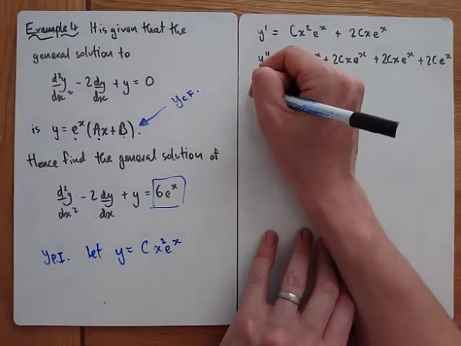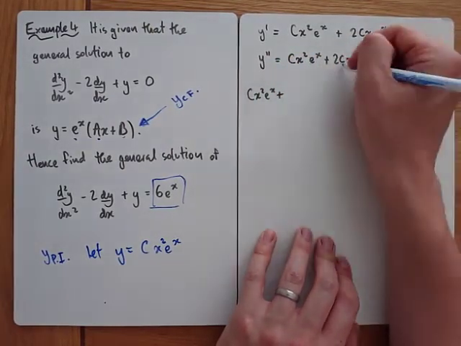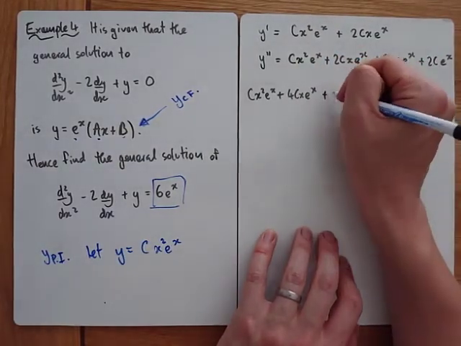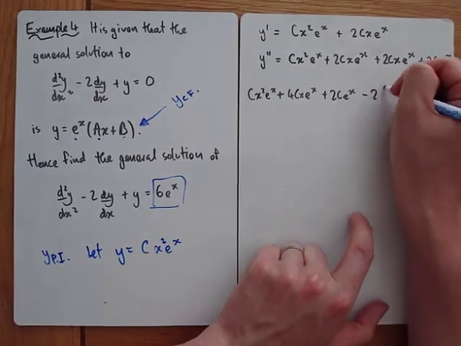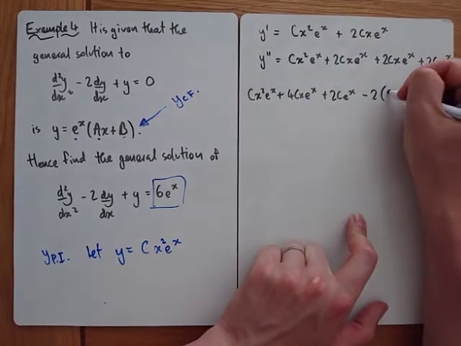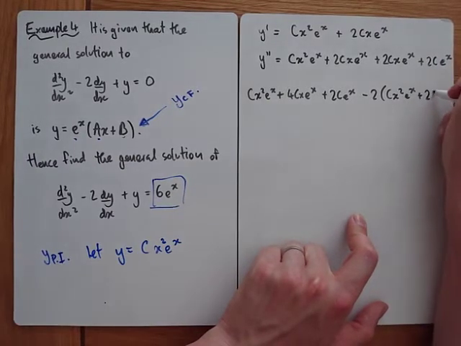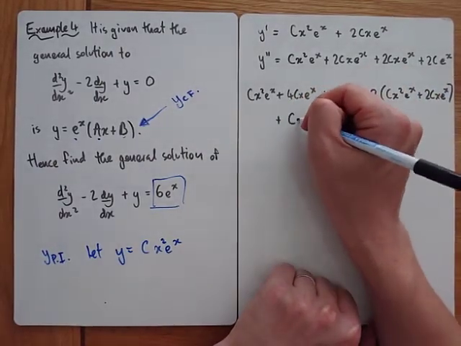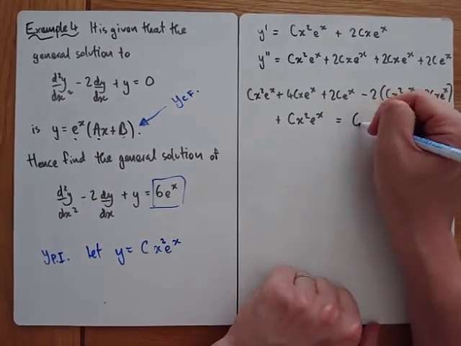So we've got c x squared e to the x plus 4 cx e to the x plus 2c e to the x, minus 2 divided by the x, which would be c x squared e to the x plus 2c x e to the x plus y, which is that, and then that's equal to 6 e to the x.